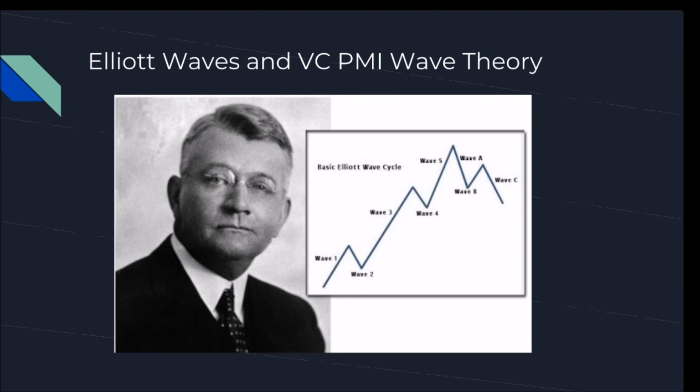Elliott waves and the VCPMI wave theory. The following is from R.N. Elliott's book, The Nature of Things. Quote: Human emotions are rhythmical. They move in waves of a definite number and direction. The phenomenon occurs in all human activities, whether it is business, politics, or the pursuit of pleasure.